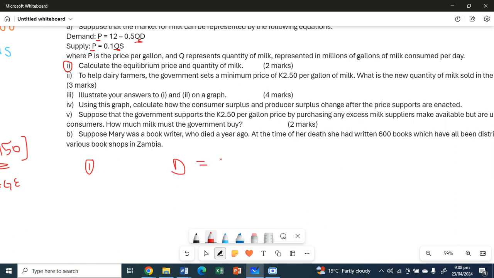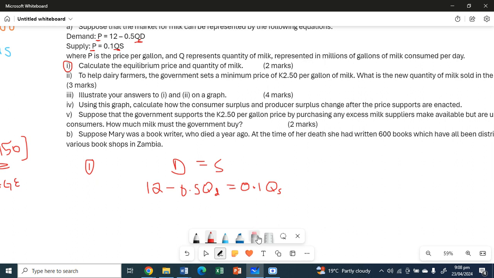The demand equation is 12 minus 0.5 QD. The supply equation is P equals 0.1 QS.